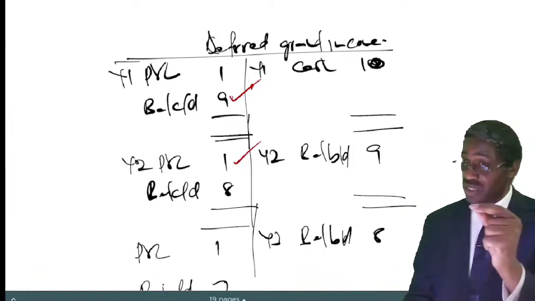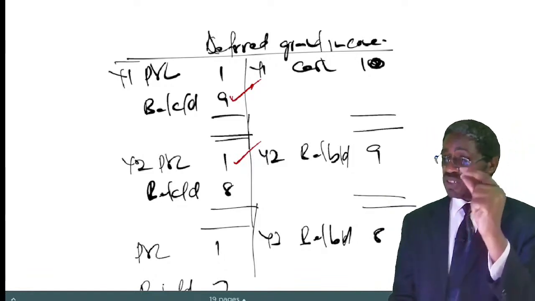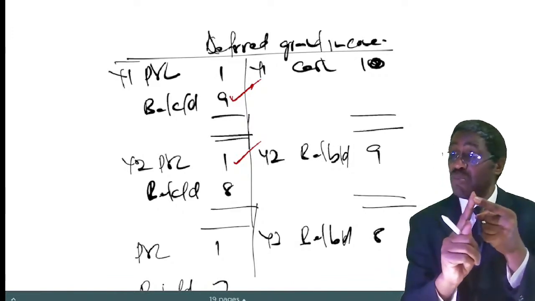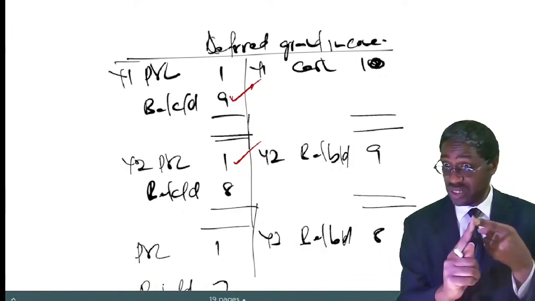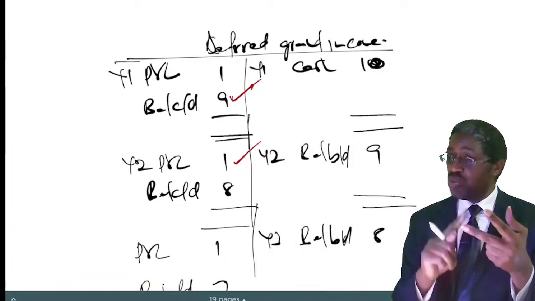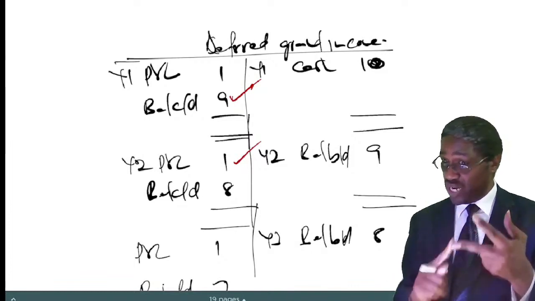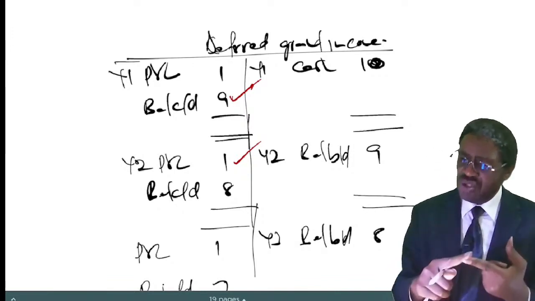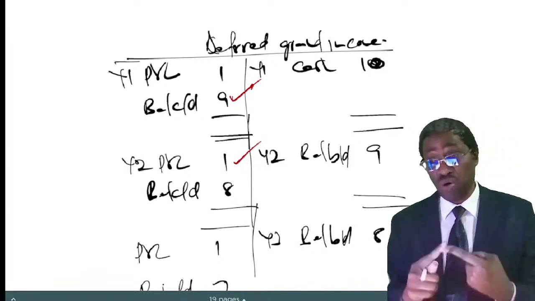So it means this 9 million has an element that will take me more than a year to recognize, and an element which will take me less than a year to recognize. So how much of the 9 million will take me less than a year to recognize?